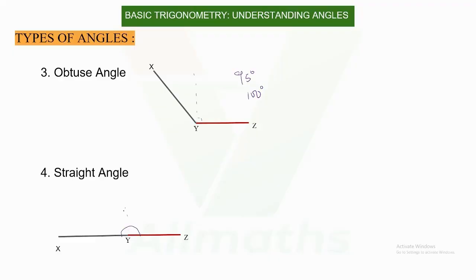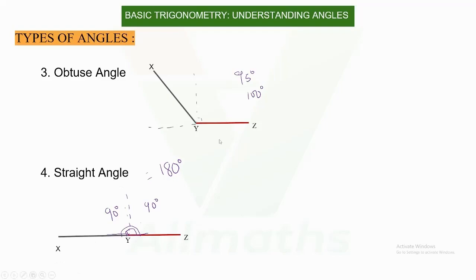If you check this angle carefully, let's assume we have a straight line here, you will see that this angle is like two right angles, right? Giving us 90, 90. Now, a straight angle is actually 180 degrees, which is 90 degrees on this side and 90 degrees on this other side. It is called a straight angle, okay? And that's how we know that the angle on a straight line is what?